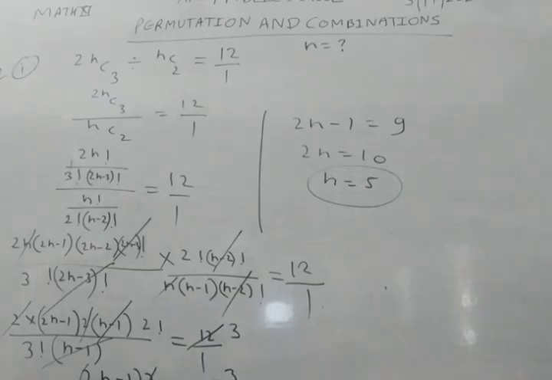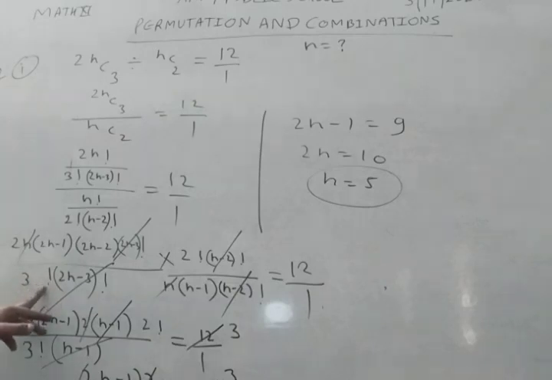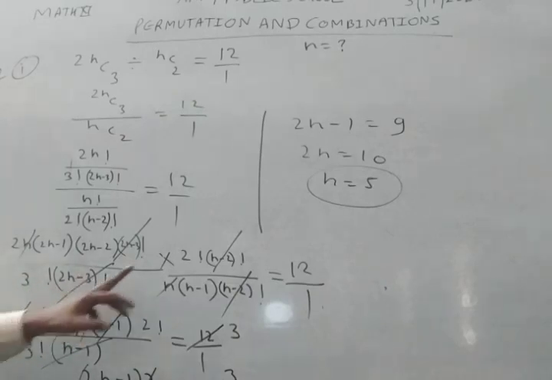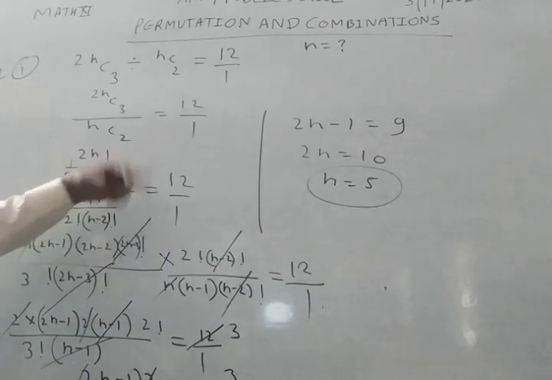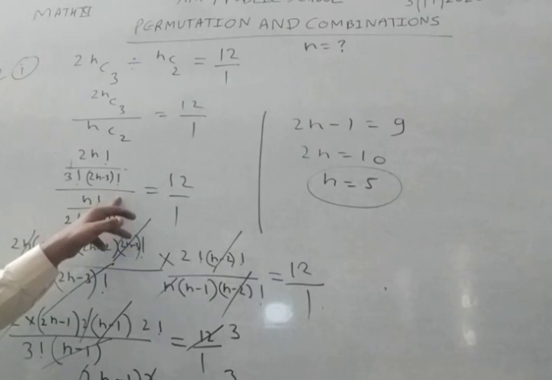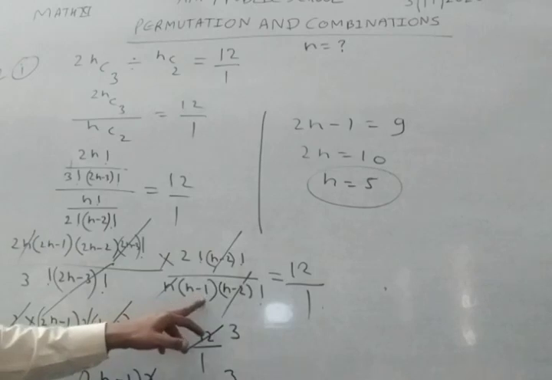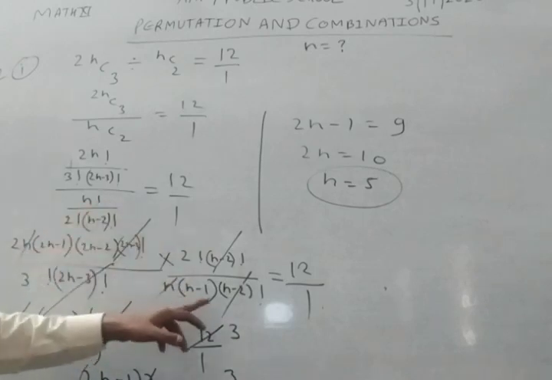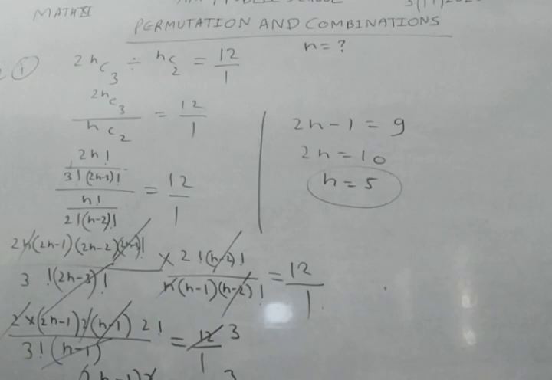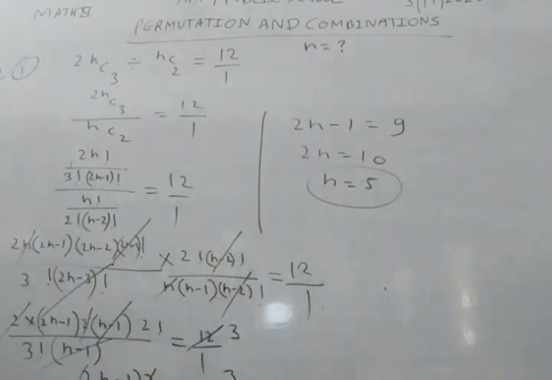Now we write factorial 2n as 2n, 2n minus 1, 2n minus 2, factorial 2n minus 3, divided by factorial 3 and factorial 2n minus 3, into, this will go to the numerator, factorial 2, factorial n minus 2, and n can be written as n minus 1, factorial n minus 2. We are saying that this term will cancel in both numerator and denominator.